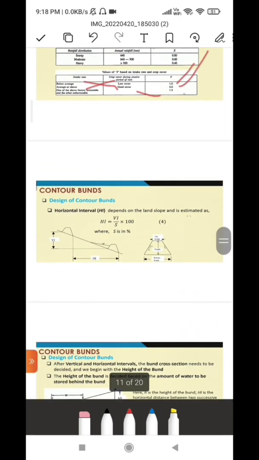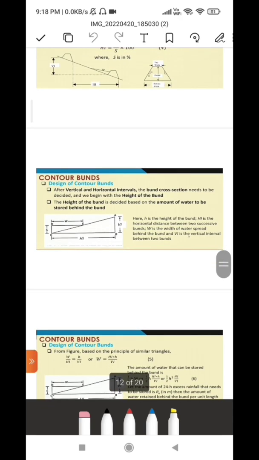Now we're going to talk about how to calculate the horizontal interval. The horizontal interval mainly depends upon the slope and is calculated after we have calculated the vertical interval. So the horizontal interval would be equal to the vertical interval divided by s into 100. In this, the value of s is taken in centimeters, and the value of HI would be in the same unit as the vertical interval.